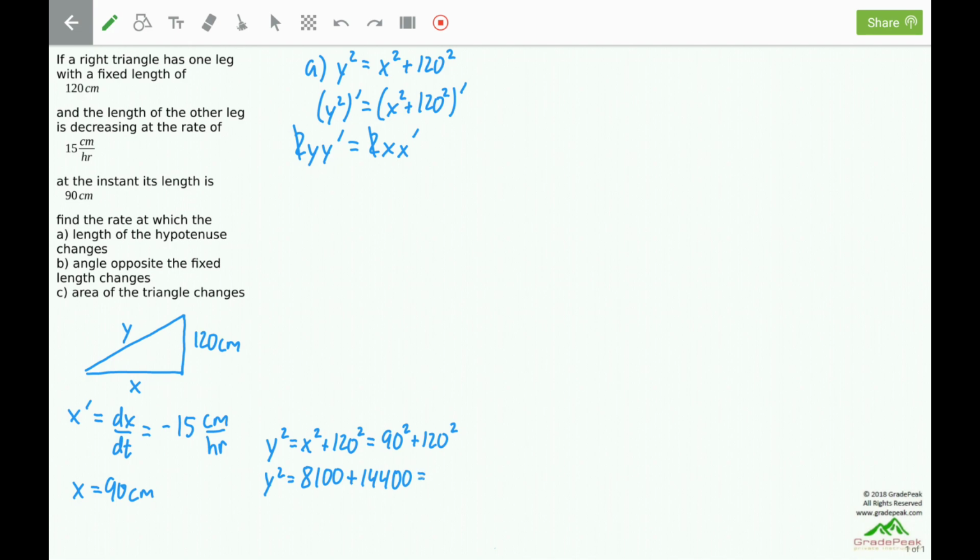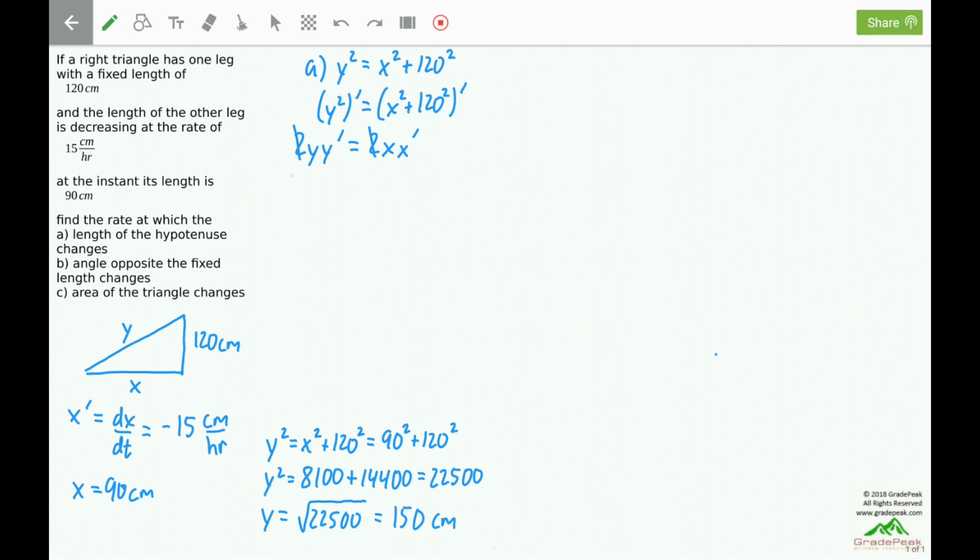These can now be added together, and they add together to become 22,500. y will be the square root of this. It can be plus or minus, but since it's a length, we only want the positive square root. 225 is a perfect square. It's a 15, and the square root of 2 zeros is a single 0, or the square root of 100 is 10 is another way to look at that. So this comes out to 150, and it will have units of length, which in this problem are centimeters.